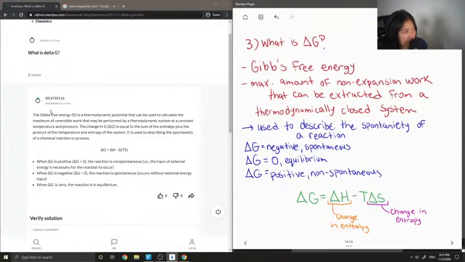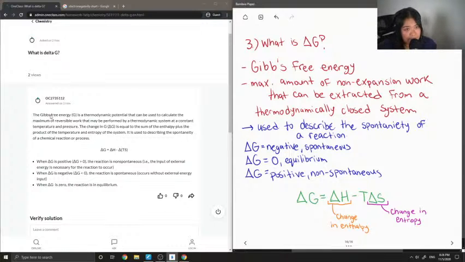The Gibbs free energy G is a thermodynamic potential that can be used to calculate the maximum of reversible work that may be performed by a thermodynamic system at a constant temperature and pressure. The change in delta G is equal to the enthalpy minus the product of the temperature and entropy of the system.